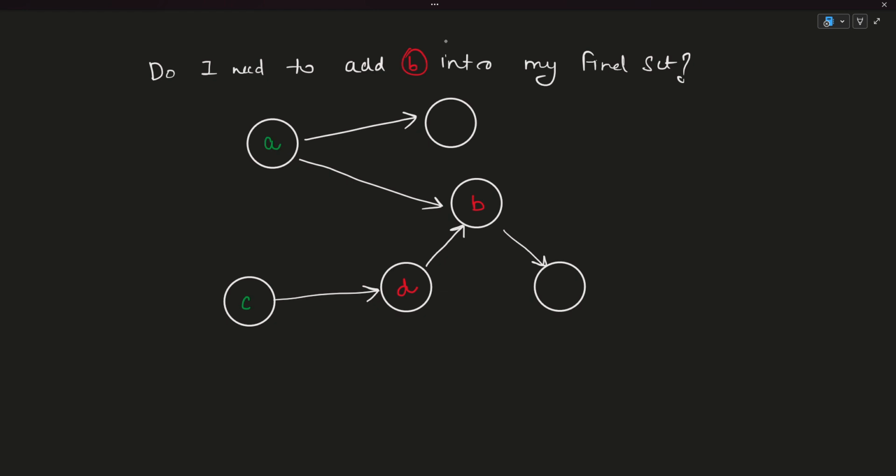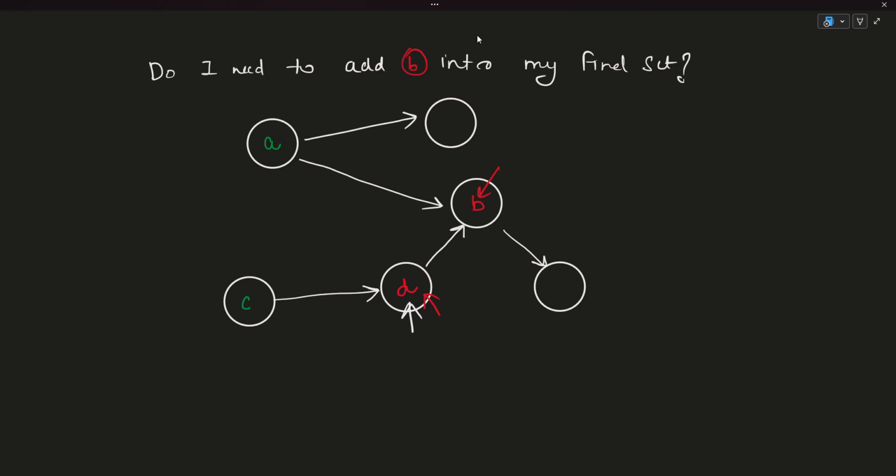Similarly, we can take the example of the D vertex as well. We are also not able to include this vertex in our final set, because these edges are reachable via some other vertices. In this example it is A and C, so there is no point in adding them to our final set.